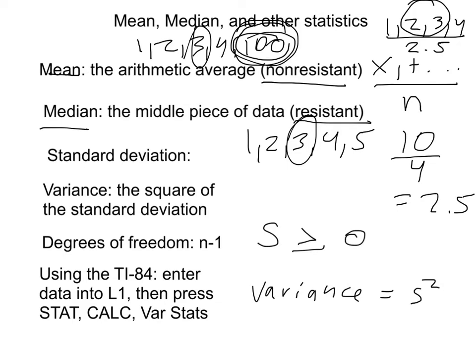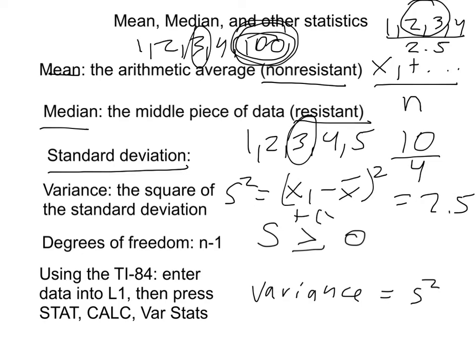And another concept to know is standard deviation. Standard deviation measures how far the data is from the mean. Our equation is s squared equals your observation minus the mean, squared, and you add this up for each observation, squaring each one until you run out.